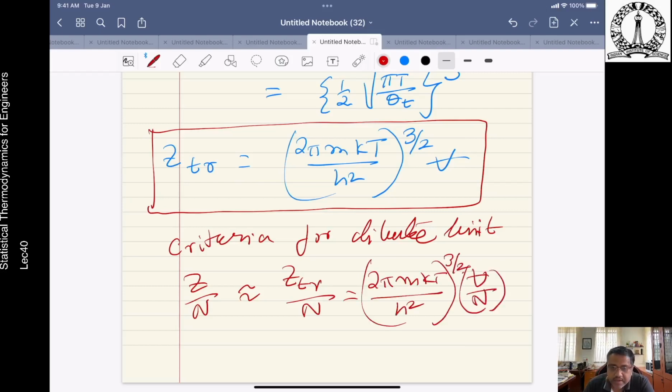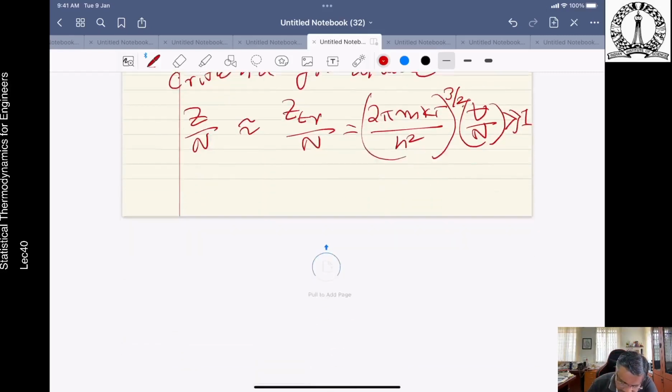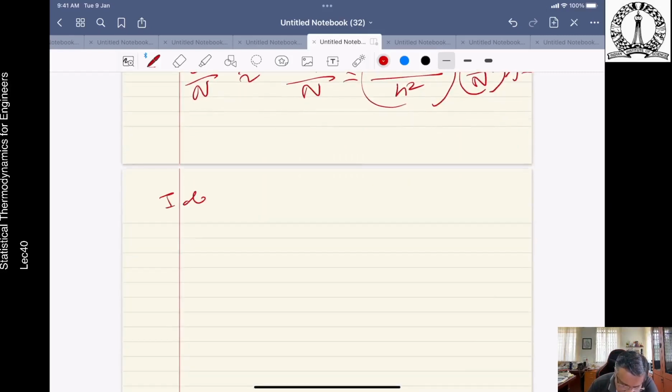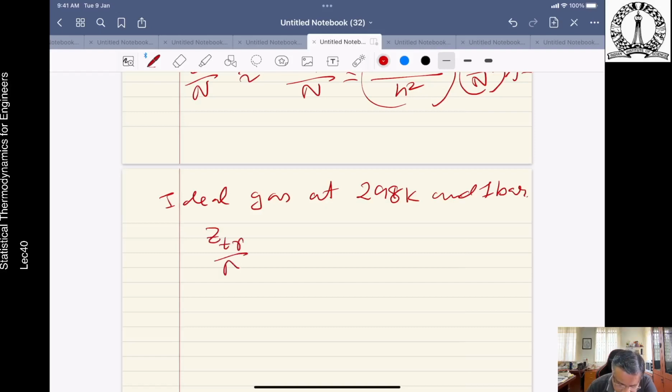times V over N, which should be much greater than 1. Okay, for any ideal gas, say we take an ideal gas at say 298 Kelvin, which is the room temperature, and 1 bar. This is STP basically. This gives Z translational by N to be a number equivalent to 10 to the power of 5.